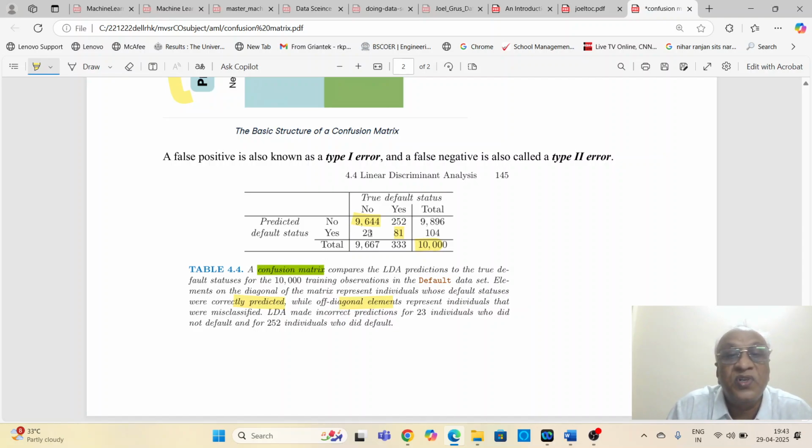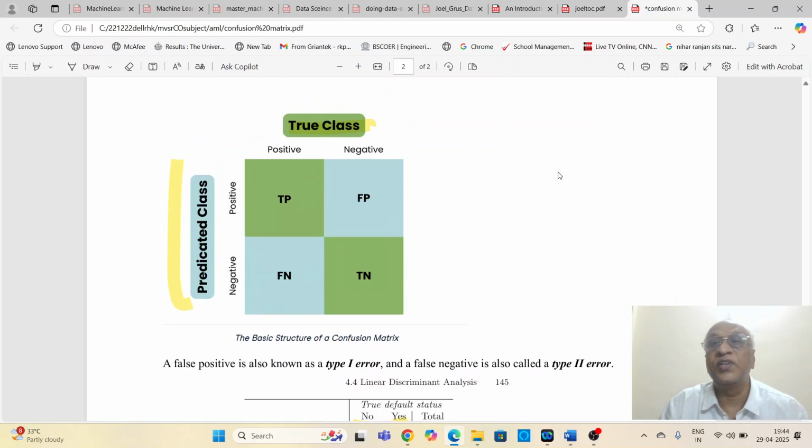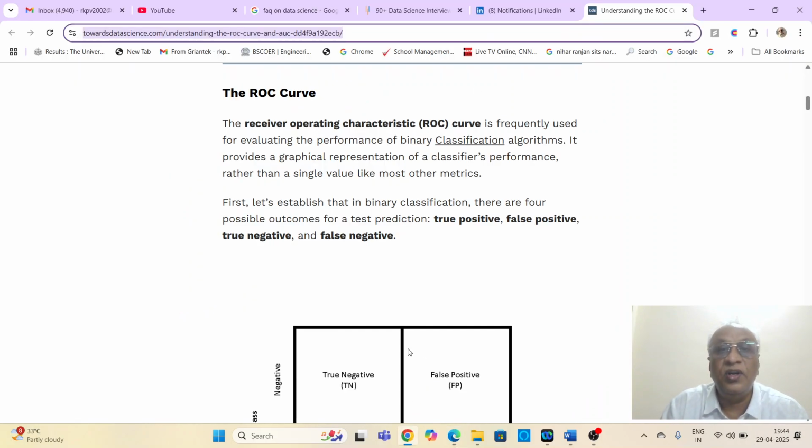For example, this 23 is incorrectly predicted and this 252 is incorrectly predicted. So let us look at a link here.